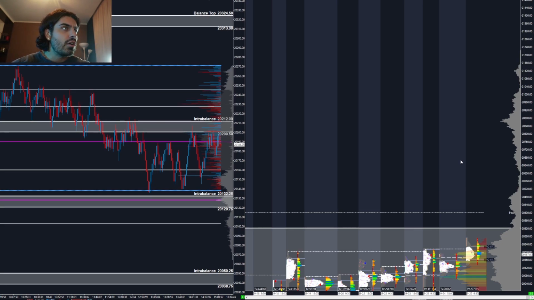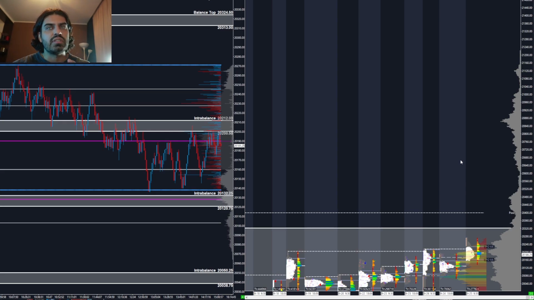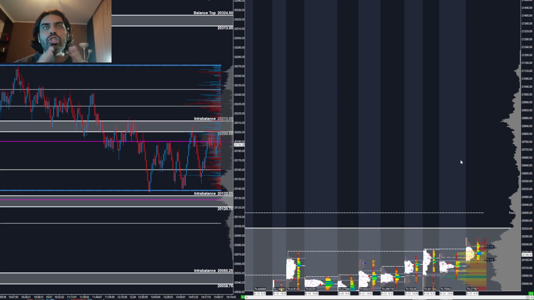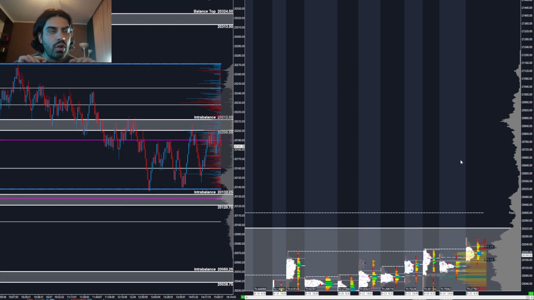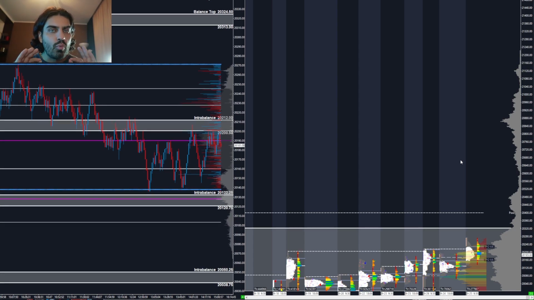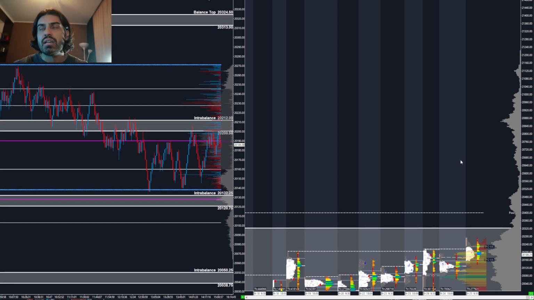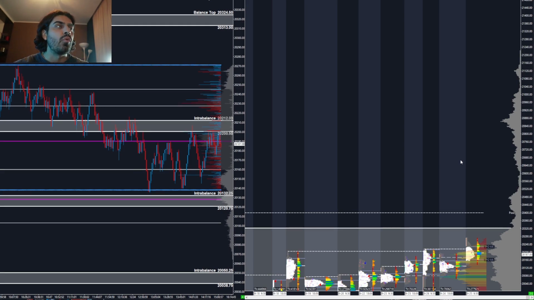But from an auction perspective, if we're looking at this market, what I'm trying to do is find how a new auction is getting accepted to the upside. So all I'm doing is trying to identify when we get into a new balance to the upside, and then I can look for long trades off of the retest of that balance, right? It's a very, very simple aspect.